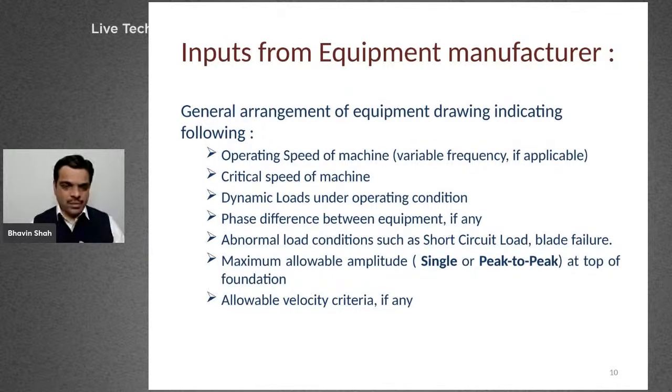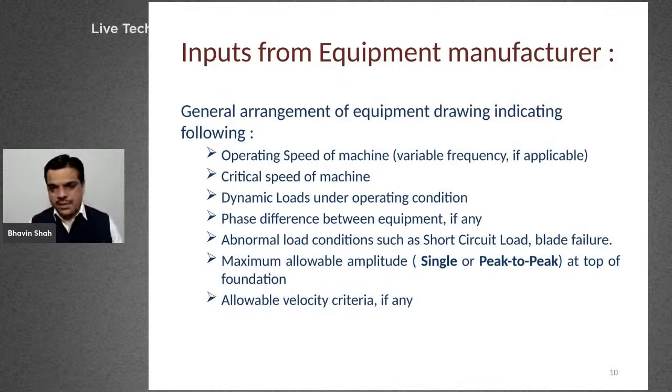So the manufacturer will identify the equivalent static load considering that abnormal condition. And of course, whenever the blade failure occurs, there will be sensors and so on in the equipment, so that the equipment is not going to run for a larger time. Just after, let's say, a few seconds, it will come to a standstill condition.